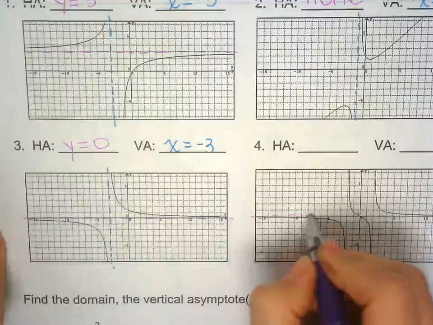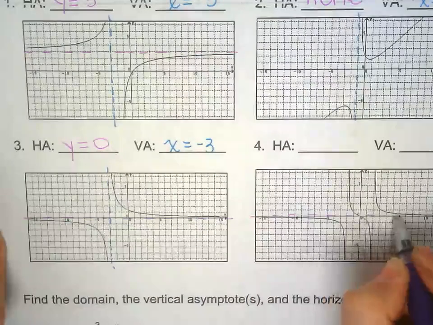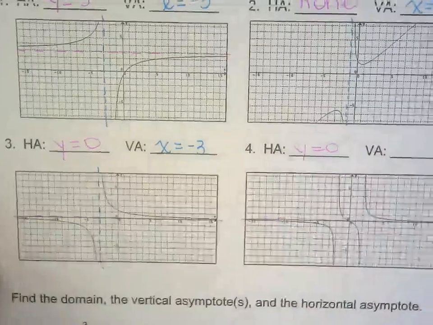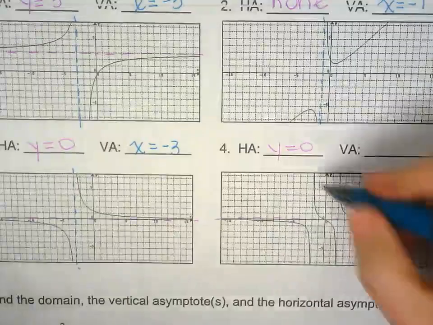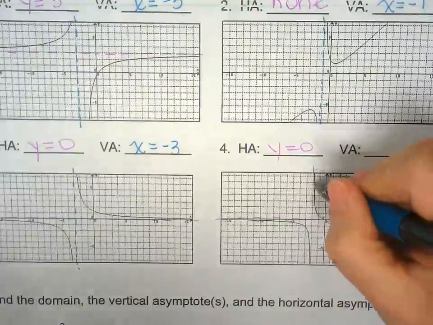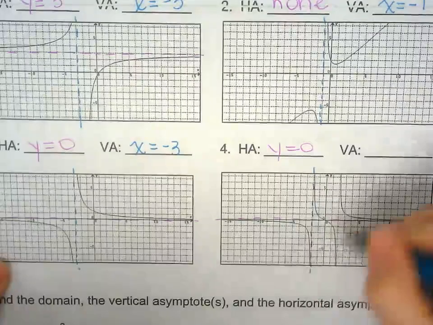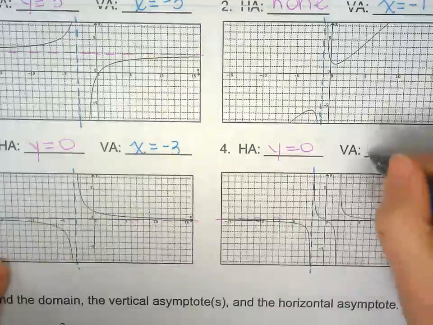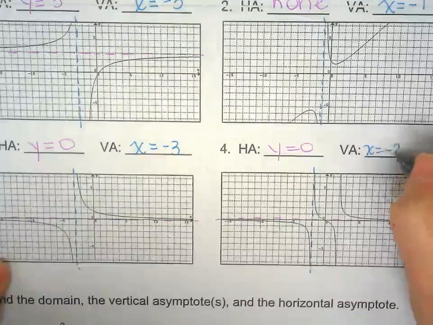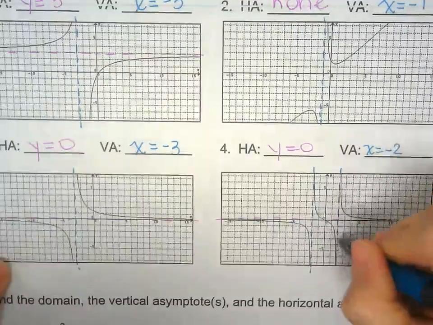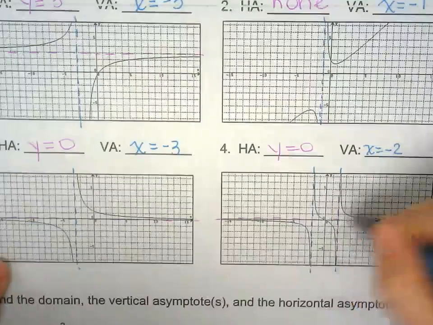Horizontal asymptote, right there at y equals 0. Vertical, we got 2 vertical asymptotes right there. x equals -2, and the other one goes right through, oh, look at that, +2.